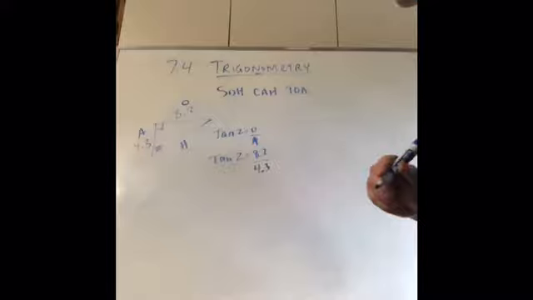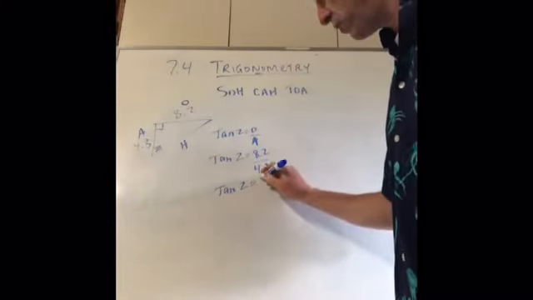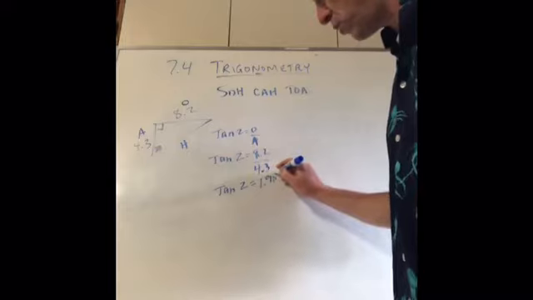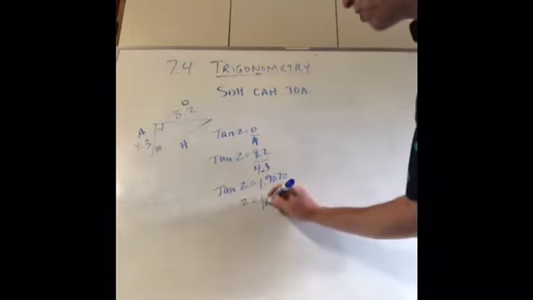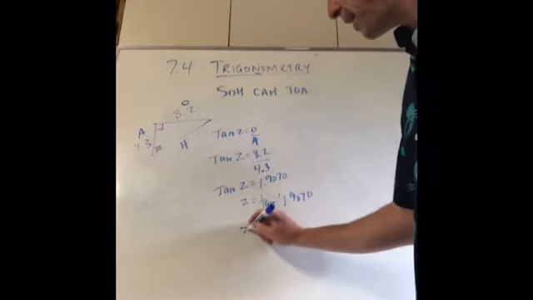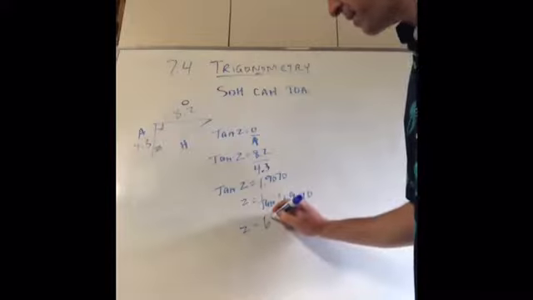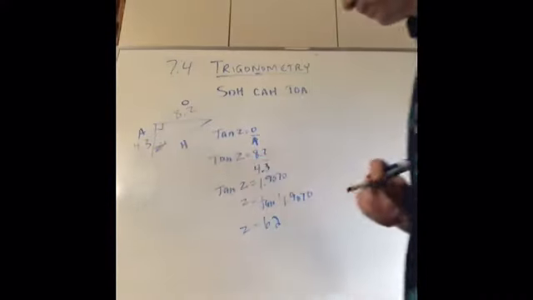Sorry if I confused you. Tan Z is equal to 1.9070. To find Z, we do the inverse function of tan. And we discover that Z is 62 degrees. Perfect.